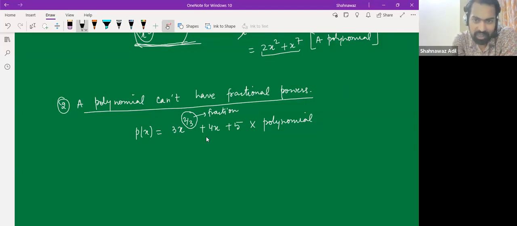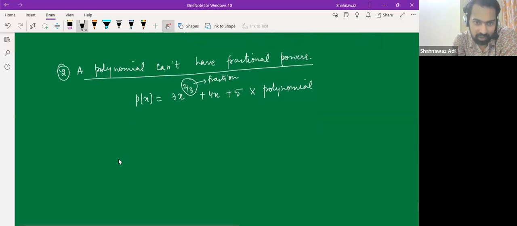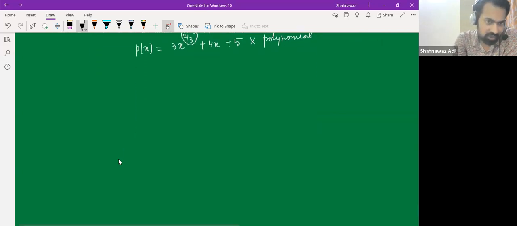So this was based on the number of terms, right? Now on the basis of power, we define a concept which is called the degree of the polynomial.